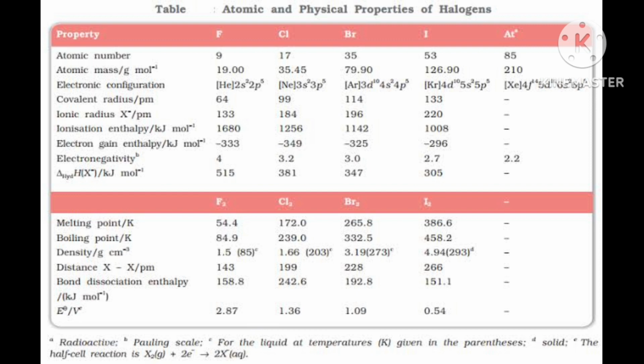By absorbing different quanta of radiation, they display different colors. For example, fluorine is yellow, chlorine is greenish yellow, Br2 is red, and I2, which is solid, is violet.